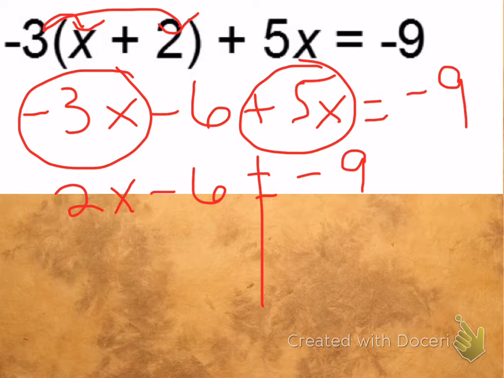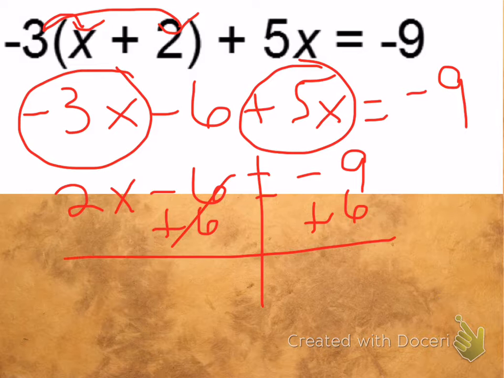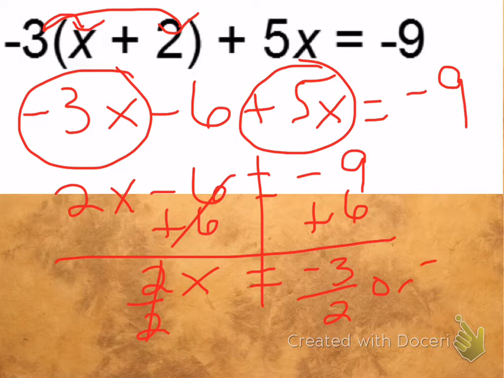Split the equation. Plus 6, you always do the inverse operation when you're going over that line. So on my left side I have 2x equals negative 9 plus 6 is negative 3. And then I'm going to divide by 2. Divide by 2. So x is negative 3 over 2, or negative 1.5.